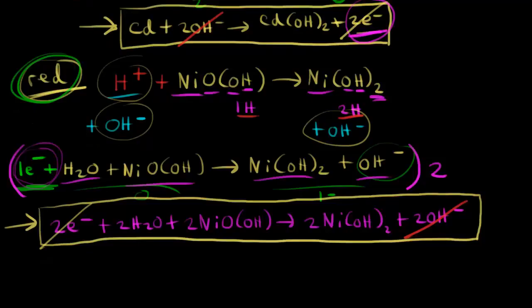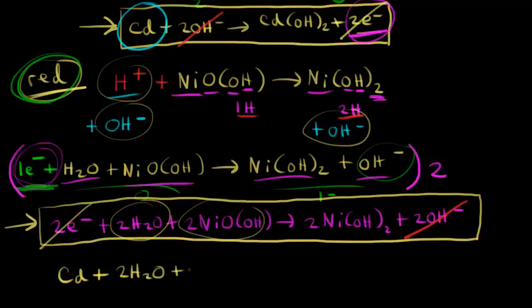So for this half reaction, we would have cadmium. All right, so let's write that down here. We have solid cadmium plus 2H2O, plus 2 nickel oxide hydroxide. What would we have for the products? Well, let's go back up here to our oxidation half reaction.